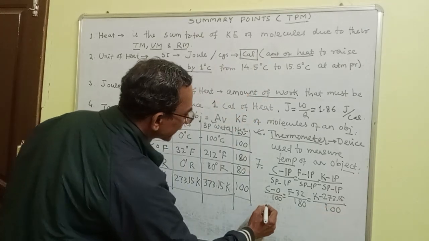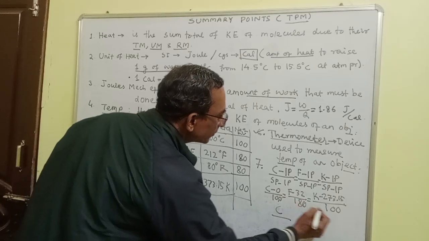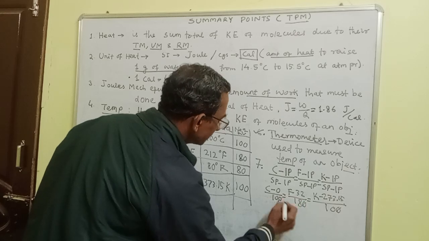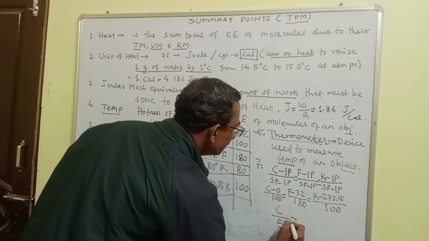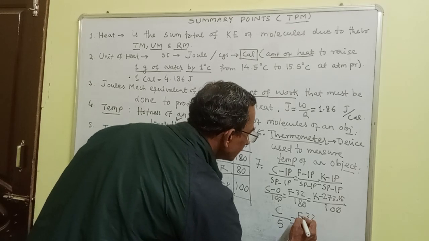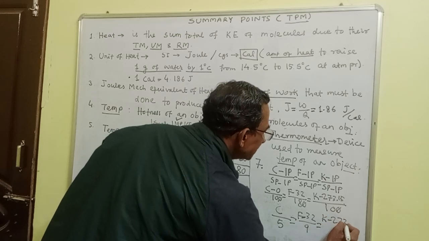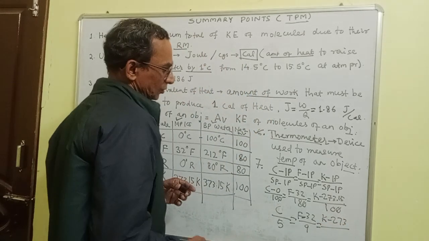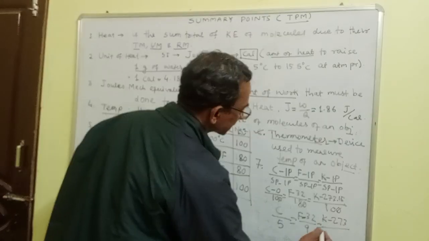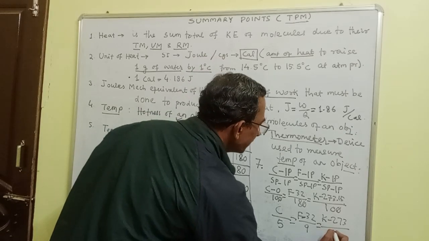And we can reduce it further and write it like this: C by 5 is equal to F minus 32 by 9 is equal to K minus 273 by 5. Instead of 273.15 we can subtract 273.